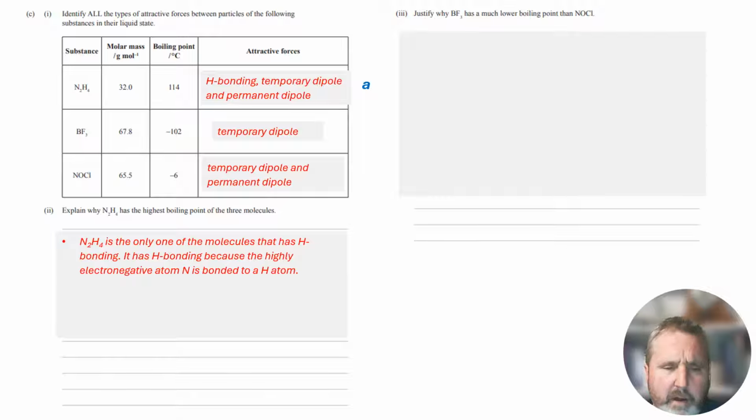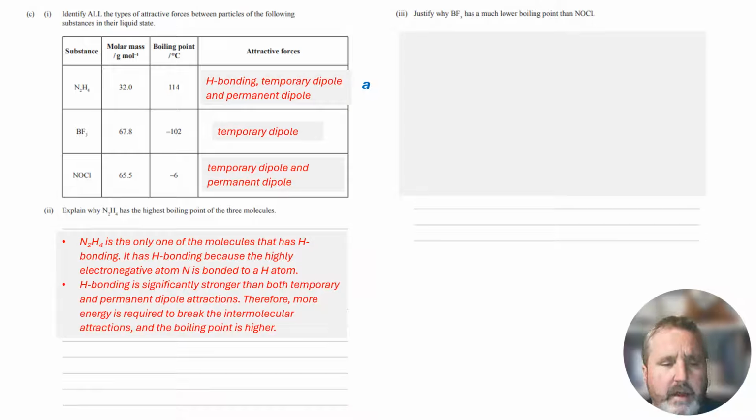Okay, so because of this, hydrogen bonding is significantly stronger than both temporary and permanent dipole attractions. Therefore, more energy is required to break intermolecular attractions and the boiling point is higher. Remember, every time you talk about bonding and we're looking at boiling points, or sometimes the amount of energy for vaporization or fusion, we need to state that more energy is required to break these intermolecular attractions.